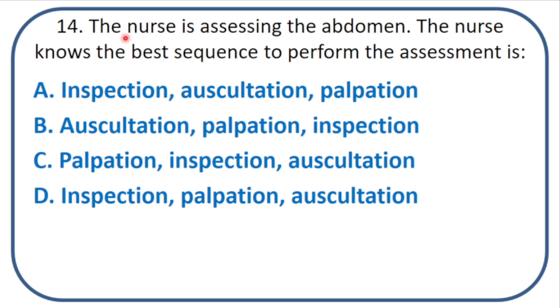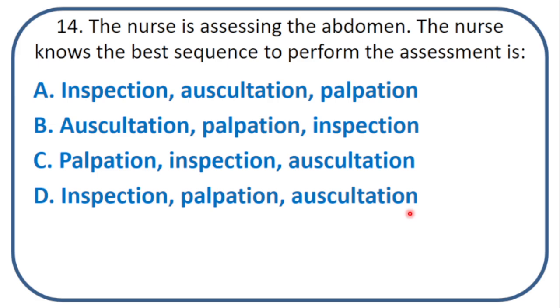14th question. The nurse is assessing the abdomen. The nurse knows the best sequence to perform the assessment is: inspection, then auscultation, then palpation; auscultation, then palpation, then inspection; palpation, then inspection followed by auscultation; or inspection, then palpation followed by auscultation.